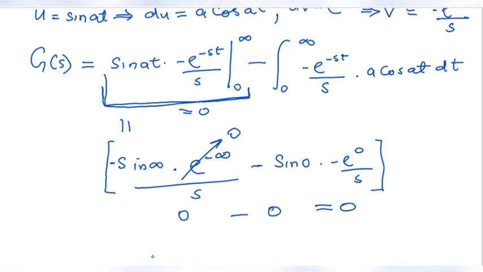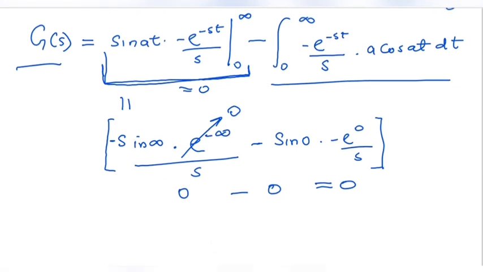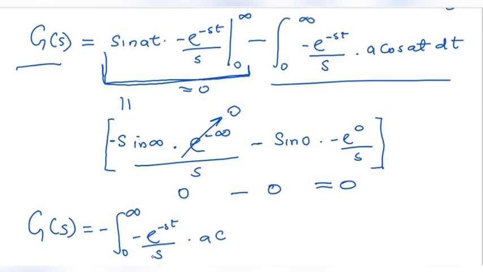So we have our G of s to be this term here. I'm going to rewrite it for clarity. So G of s is the integral from 0 to infinity of negative e to the negative st over s times a cos at dt.